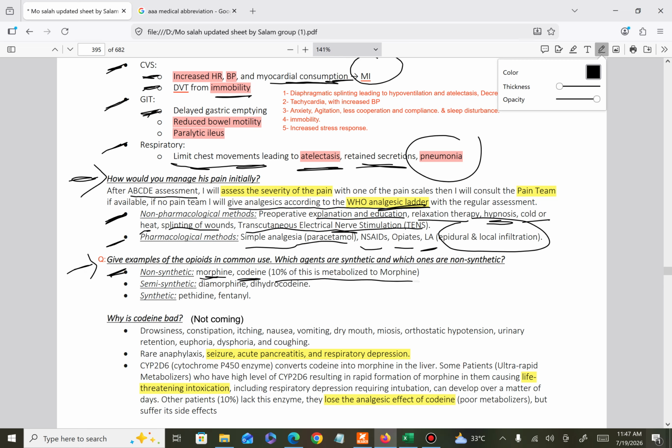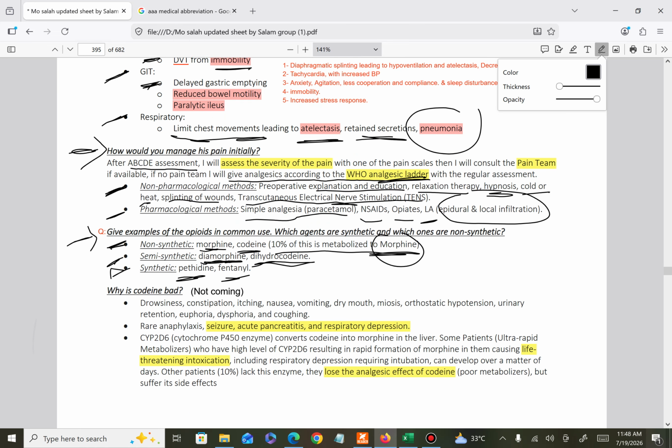In codeine, 10% is metabolized to morphine. Then the semi-synthetic are diamorphine and hydrocodone. Then the synthetic are pethidine and fentanyl.